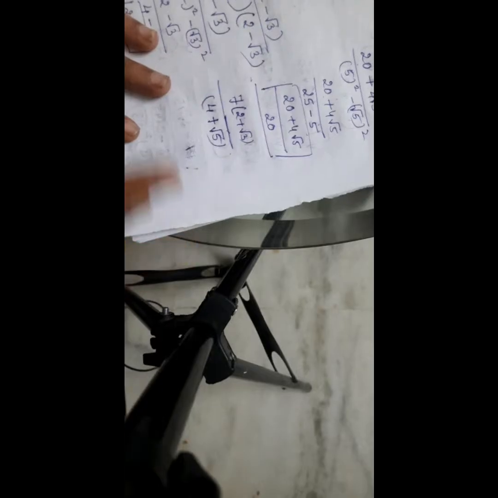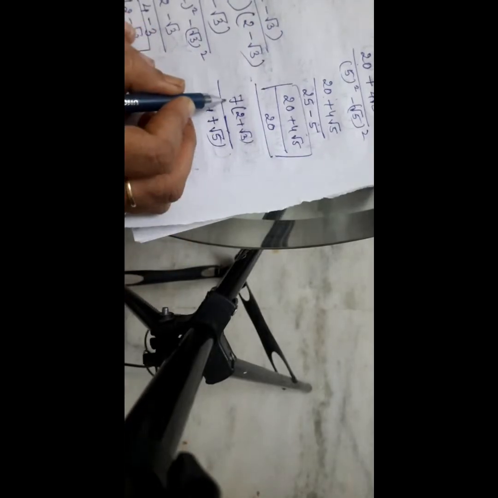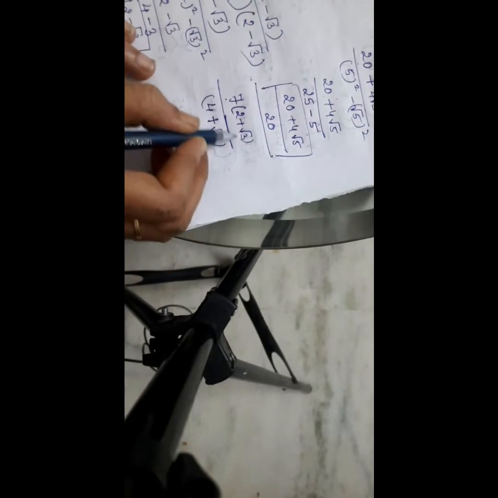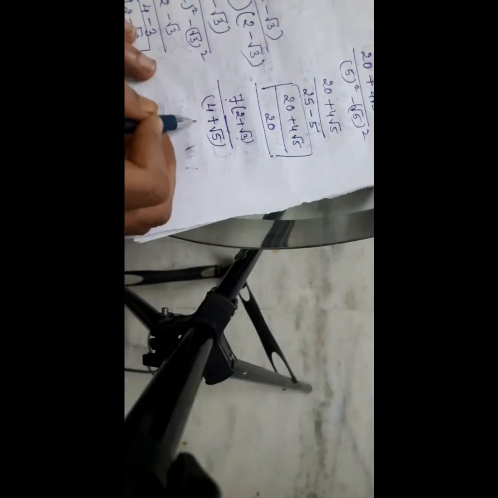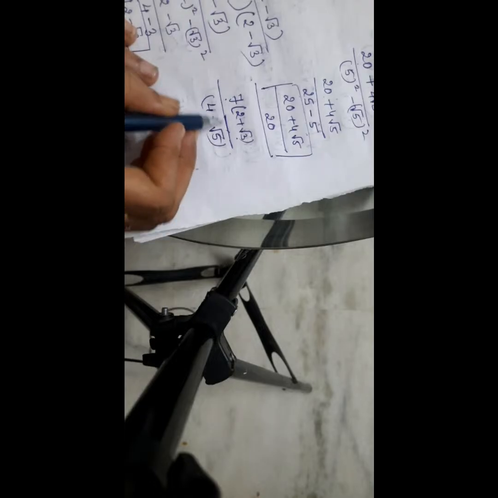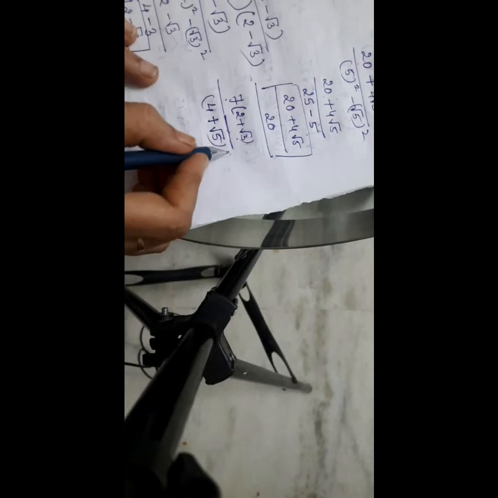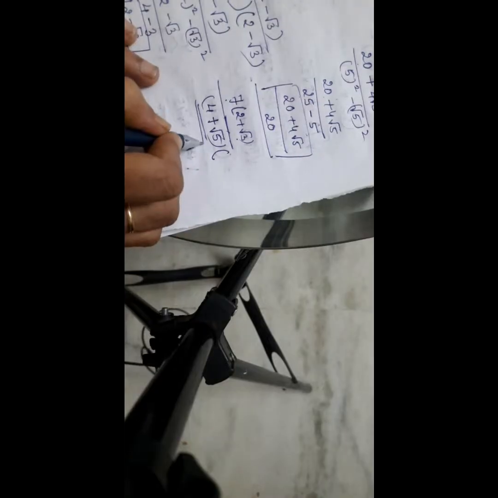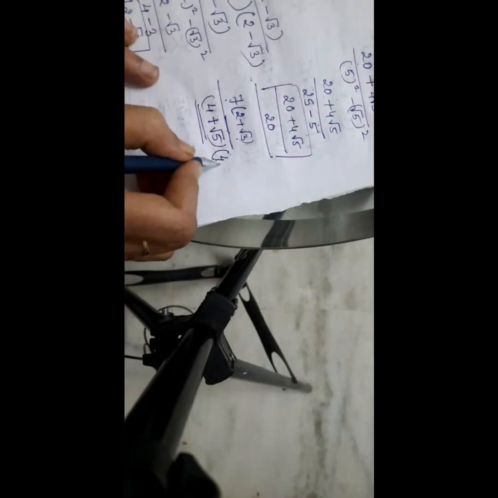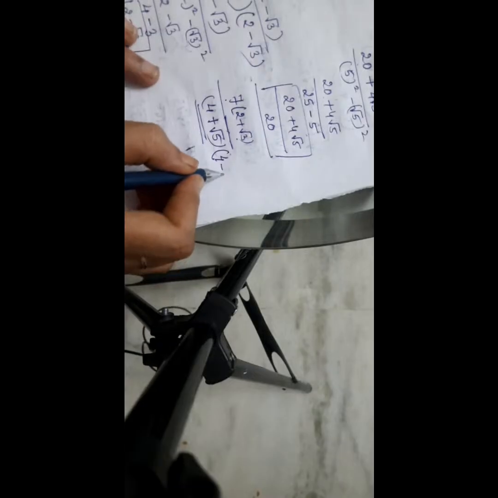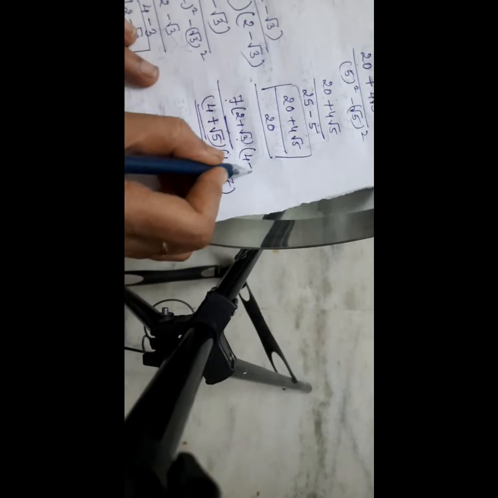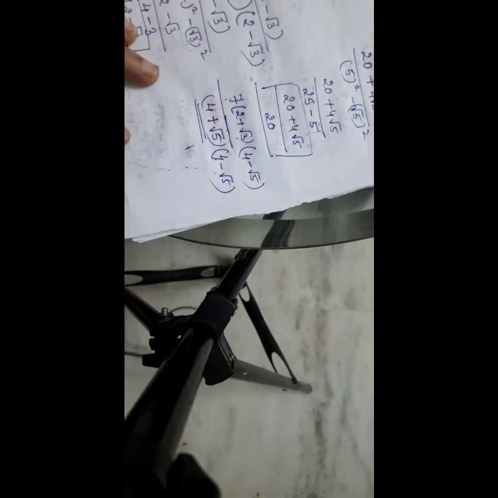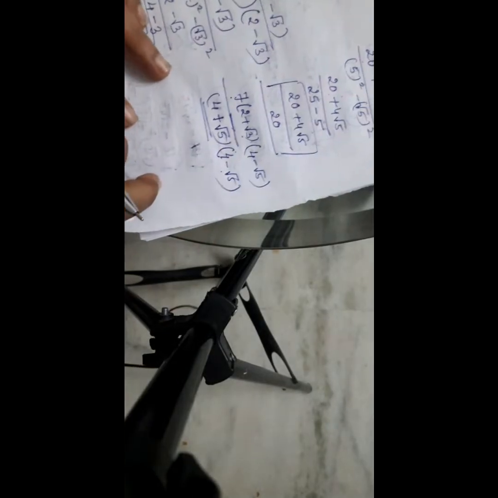Now suppose it is 7 in brackets, 2 plus root 3 is there, and in the denominator, 4 plus root 5 is there. First step, here 4 plus root 5 is there. We are going to multiply by the opposite of this, which is 4 minus root 5. The same thing we will write here also, 4 minus root 5. Most probably the first step is clear to all.